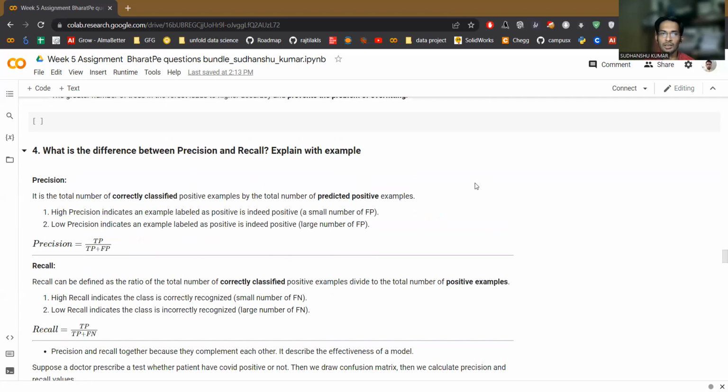Now the next question is, what is the difference between precision and recall? Precision and recall are both metrics used for classification problems. Precision is defined as the ratio of the number of correctly classified positive examples to the total number of predicted positive examples, and mathematically it can be written as true positive upon the summation of true positive plus false positive.